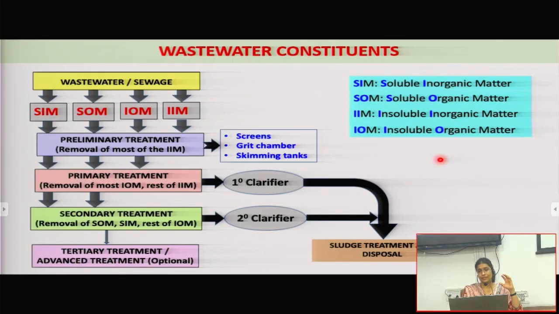If it is soluble, I'm calling it a dissolved pollutant. My life is a bit more difficult compared to an insoluble, because an insoluble, by its nature, will settle down and make our lives easy. So I have these 2 options. The second segregation is based on whether it is an organic pollutant or inorganic.